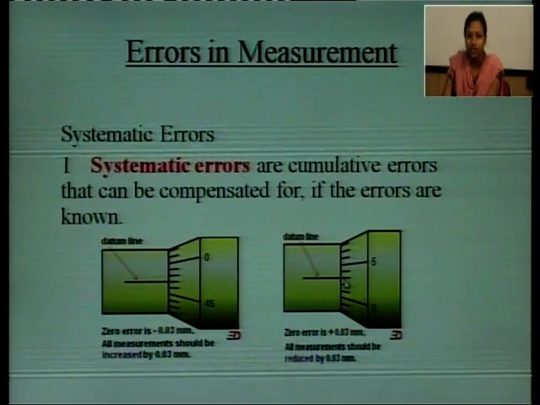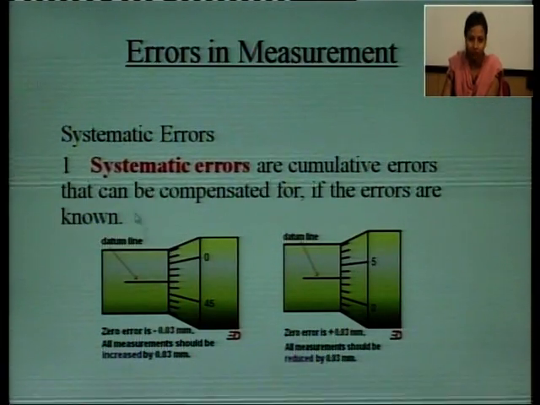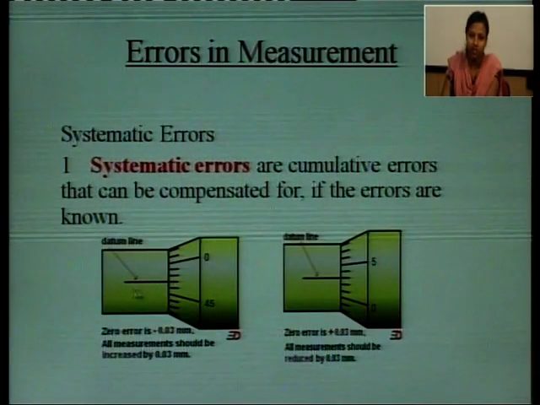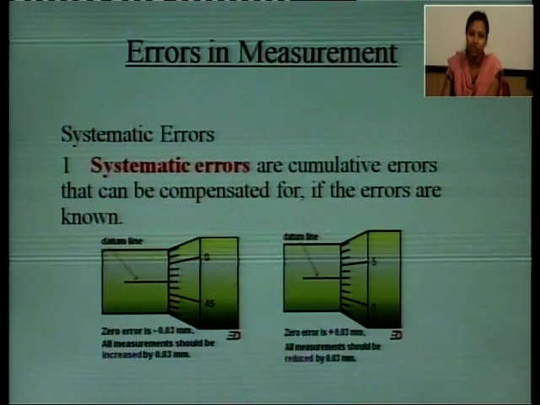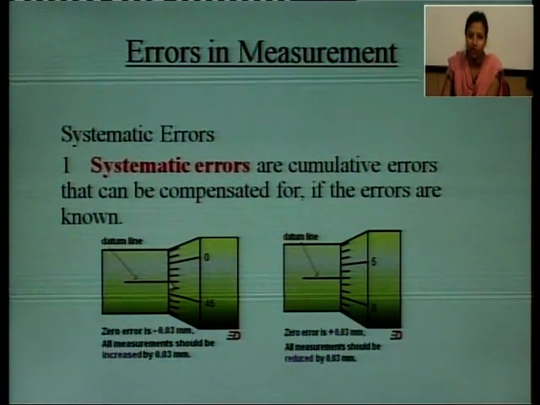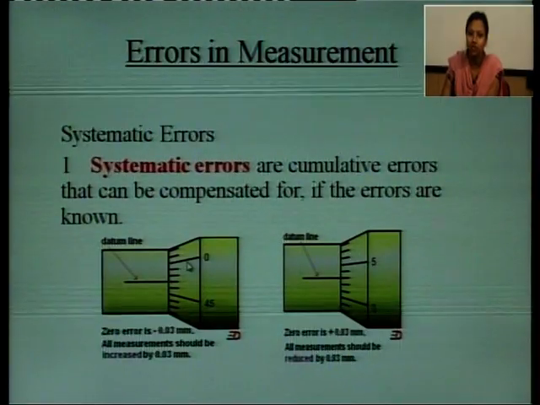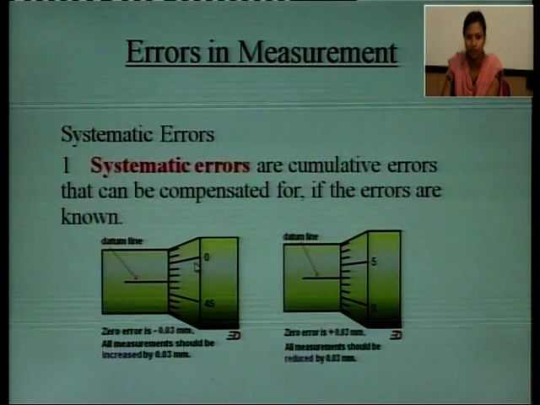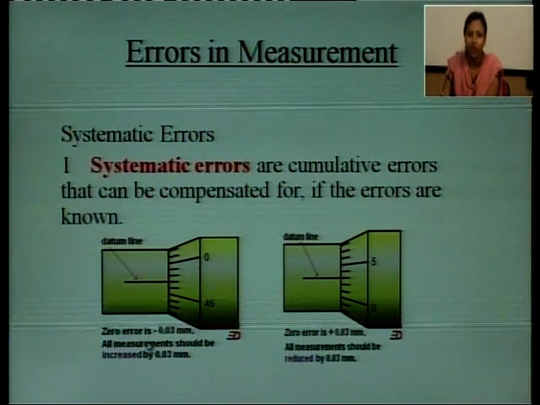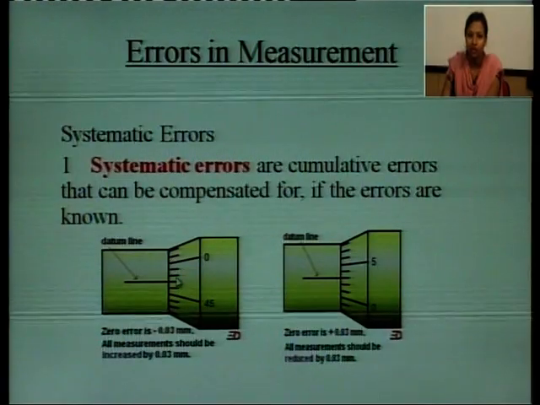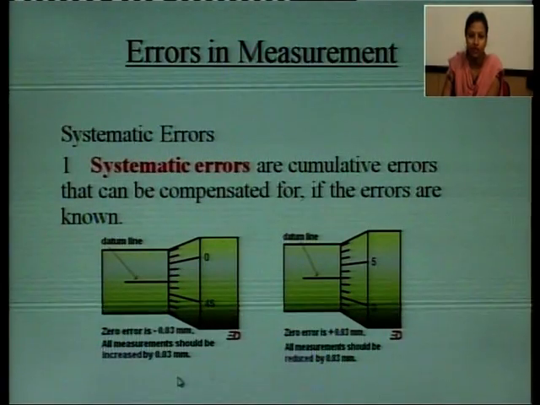Here we take the example of the screw gauge. There are two scales: this is the main scale and this is the circular scale. If the datum line is not matching with the 0, then there is some error involved during this measurement. So the zero error is minus 0.03 here, because there are 3 lines behind 0.